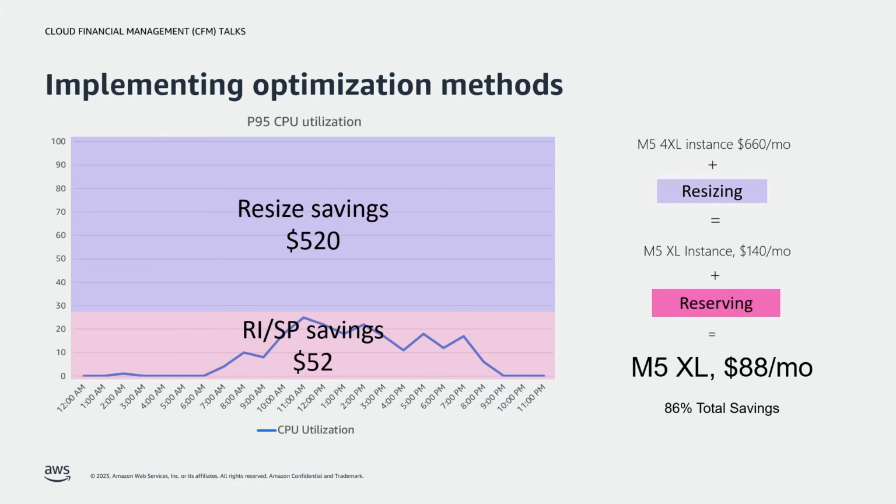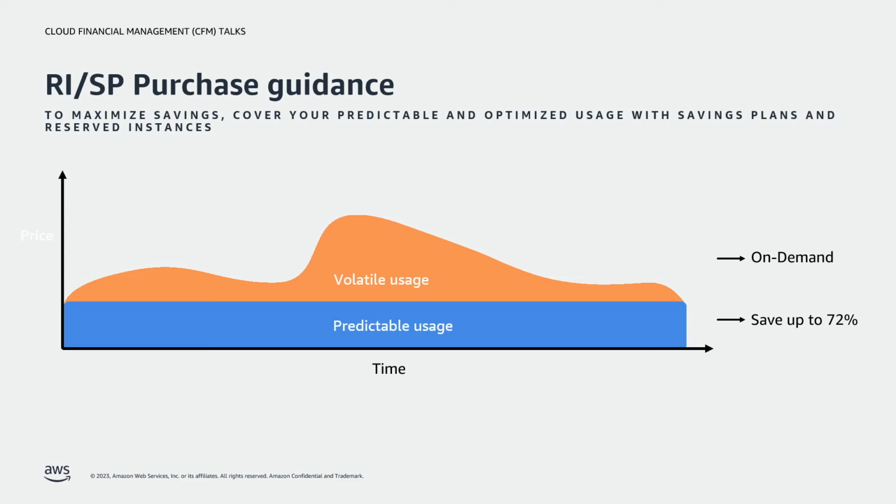So let's talk about reservation and savings plans a little bit more. We just talked about them a little bit, about kind of shaving some cost off of your resources. But how do we do this? To maximize savings, what we're trying to do is break up your usage in your cloud environment into 2 groups: predictable usage and volatile usage.